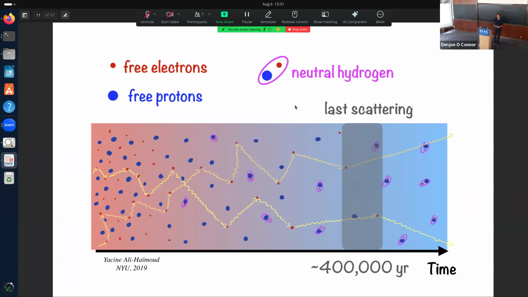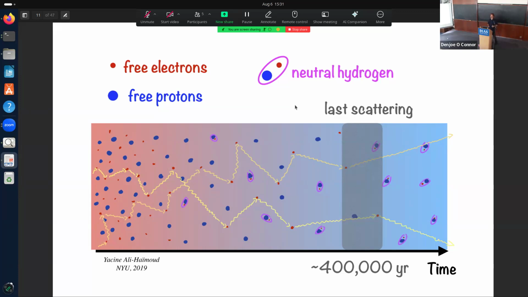They do not interact with the free electrons and protons in the plasma, and they start permeating the universe. These are the photons that we observe when we observe the CMB, right? These photons of the last scattering.